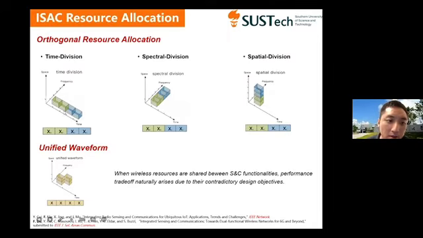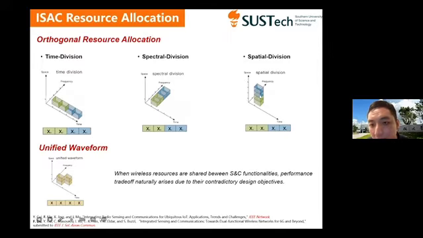This means we can have orthogonal resource allocation in the time domain, spectral domain, or spatial domain for communication and sensing. For example, here we have these two blocks as sensing signals and these two blocks as communication signals. Here we have these two frequency bands as communication and these two as sensing.